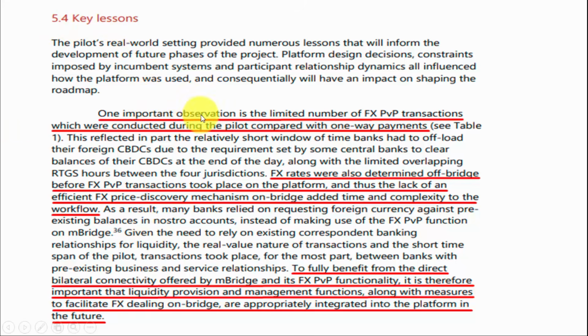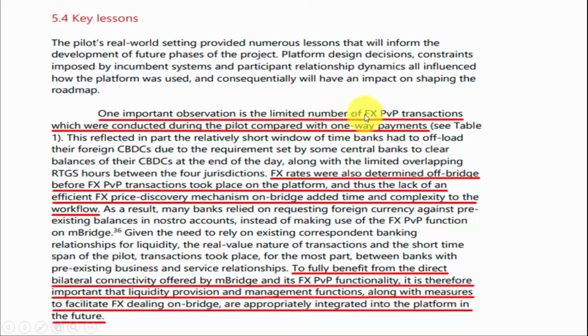One important observation is the limited number of FX PVP transactions which were conducted during the pilot compared with one-way payments. What they found during the pilot is that one-way payments, where a central bank would just send a CBDC to another central bank, sending the local CBDC over to them, were done much more.